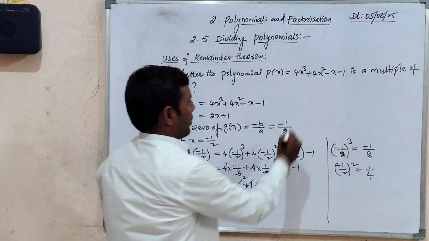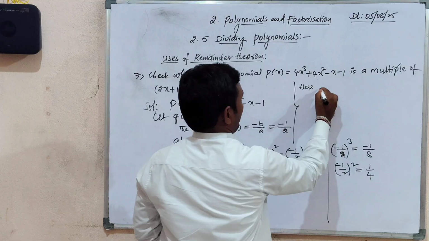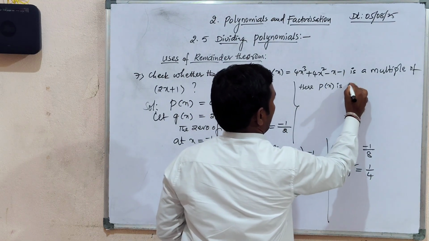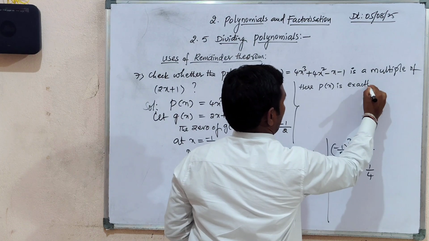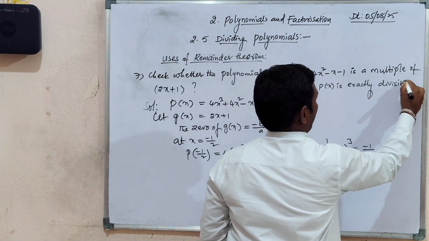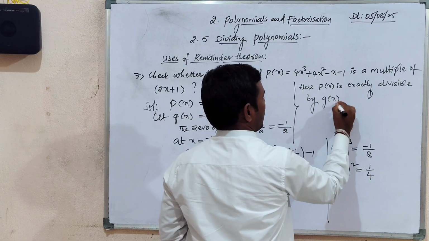Now there is no place, so I am writing here, concentrate. Here P of x is exactly divisible by g of x. Why?